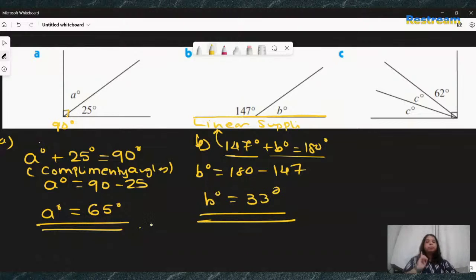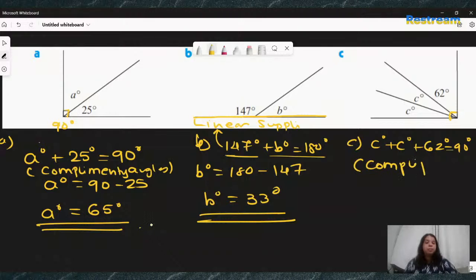Now again in question C, this is 90 degrees. Two angles are missing, but luckily those two angles are the same. So we have C degrees plus C degrees plus 62 degrees is equal to 90 degrees. Why? Because they are complementary.